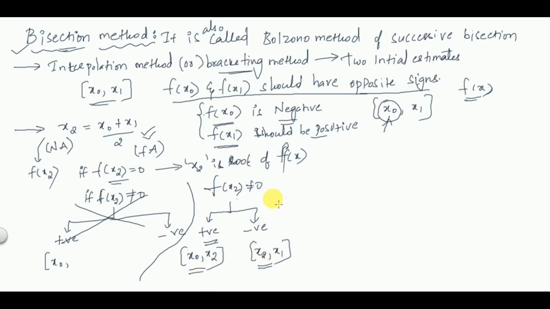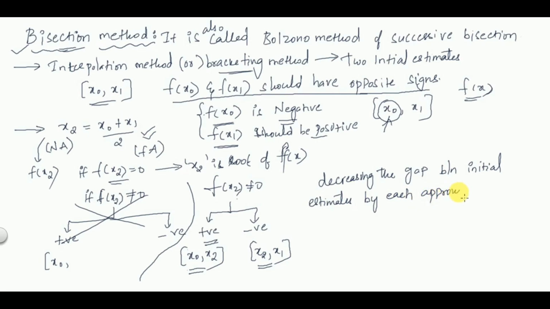What we are doing here is decreasing the gap between the initial estimates with each approximation.